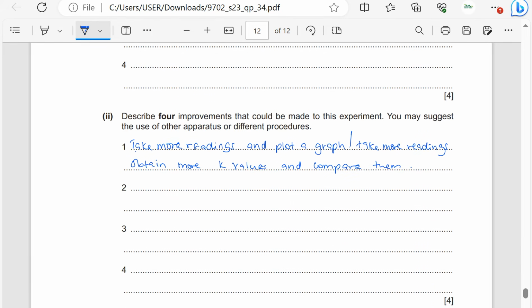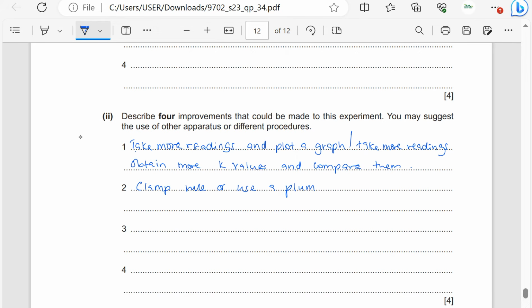Okay, so how can this one be solved? For the shaking of the hand or the moving of the ruler, you can clamp the ruler. For the ruler not being vertical, you could use a plumb line.